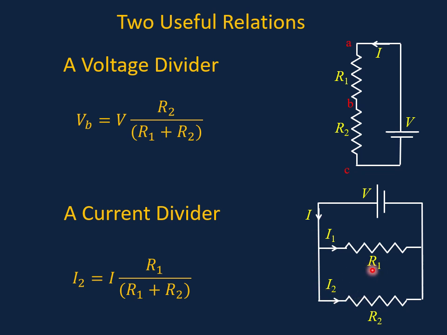On the other hand, if this resistance is very small, if this is 0, then I2 will be 0. The current would rather go through R1 than through R2, so I2 will be 0.